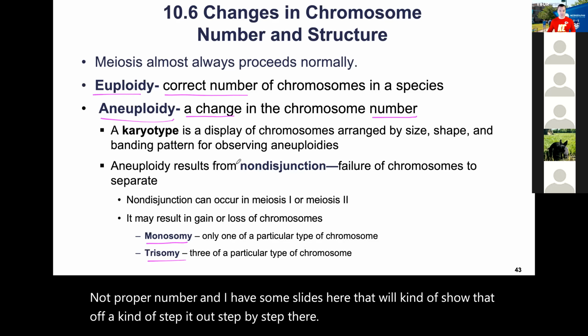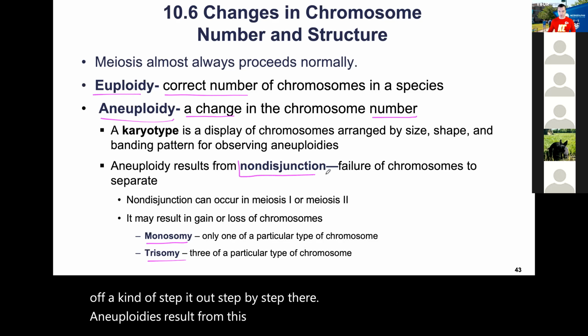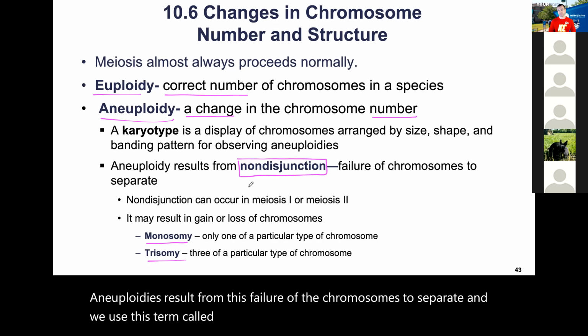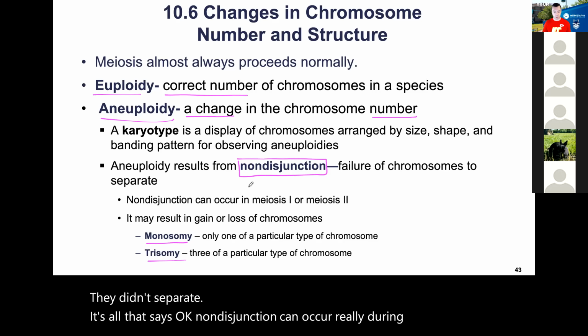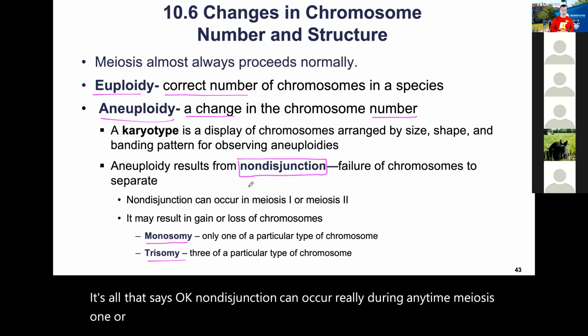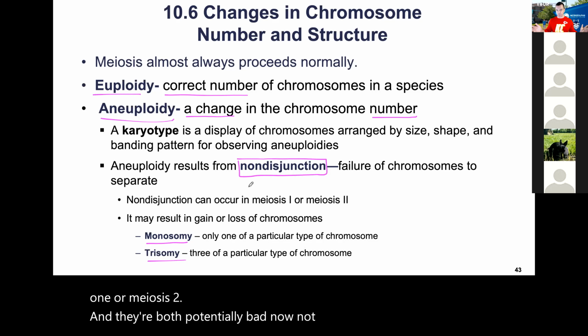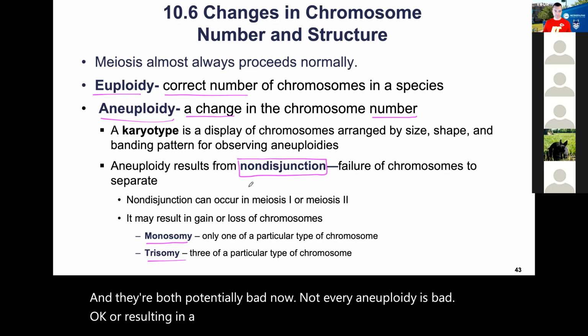Aneuploidies result from this failure of the chromosomes to separate, and we use this term called non-disjunction. They didn't separate. That's all that says. Non-disjunction can occur really during any time, meiosis 1 or meiosis 2. And they're both potentially bad. Now, not every aneuploidy is bad, or resulting in a non-viable offspring.